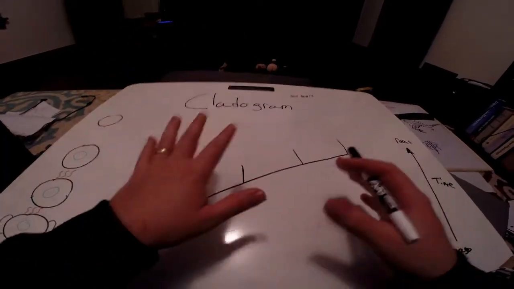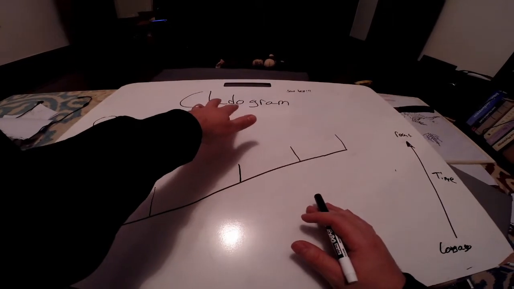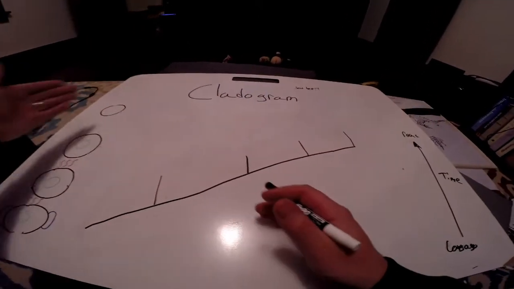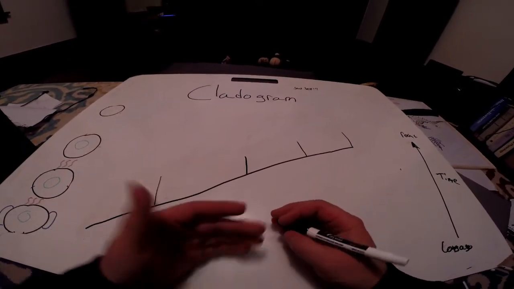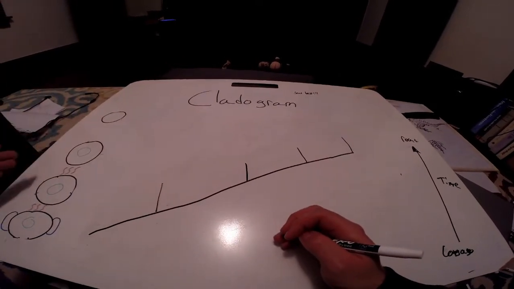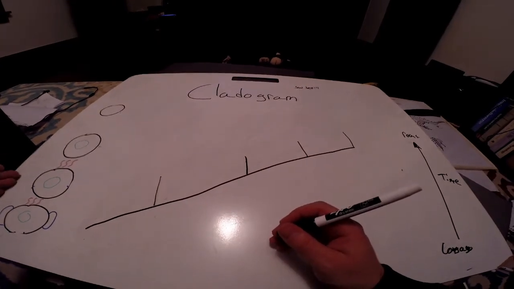So, you need information first for a cladogram, and this is another tool that helps us figure out how far away not only they are from each other, but what common ancestor all these species share with each other. The first thing I would personally do to start this off is look at all of the species that we have and look for a homologous structure that they all have.